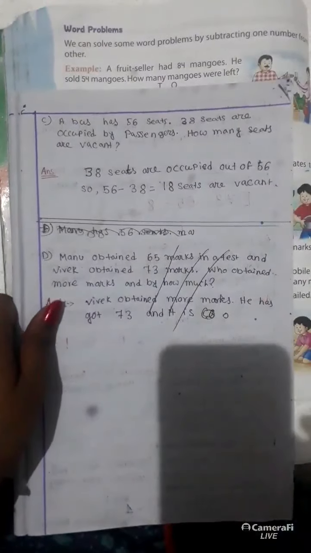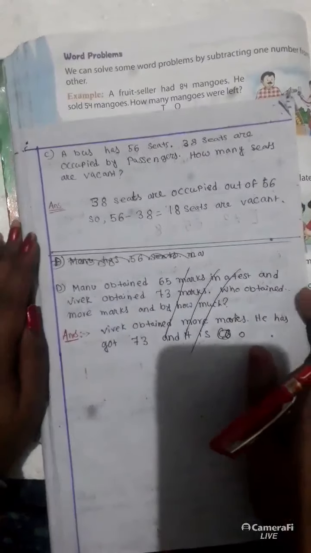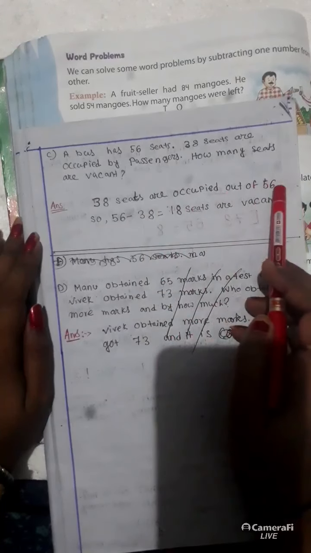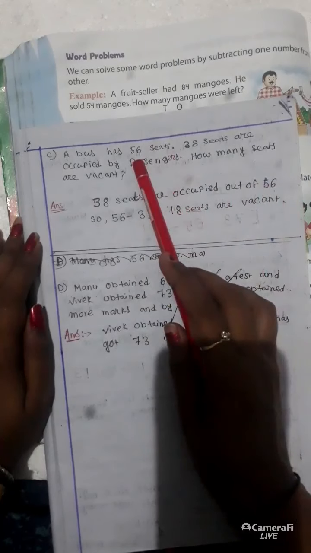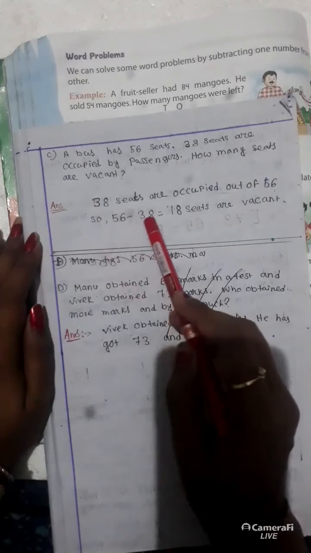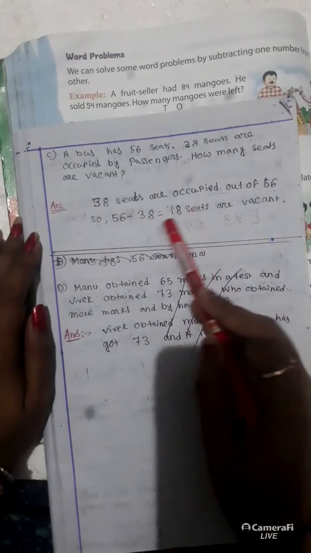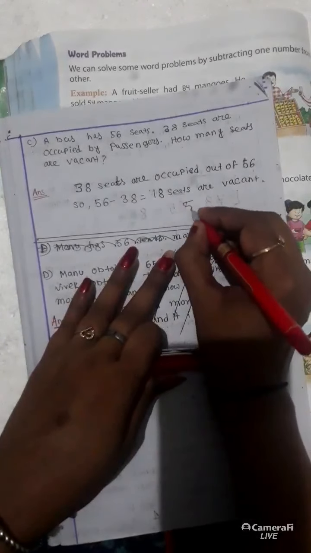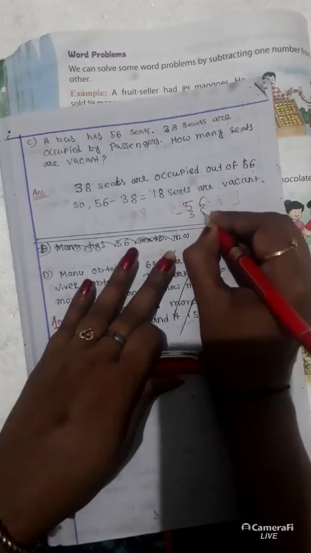Here we will do the same thing. 38 seats are already occupied out of 56. So 56 were there, 38 already gone, meaning already occupied. So 56 minus 38. How many seats are vacant then? Now let me do it for you. 56 minus 38.